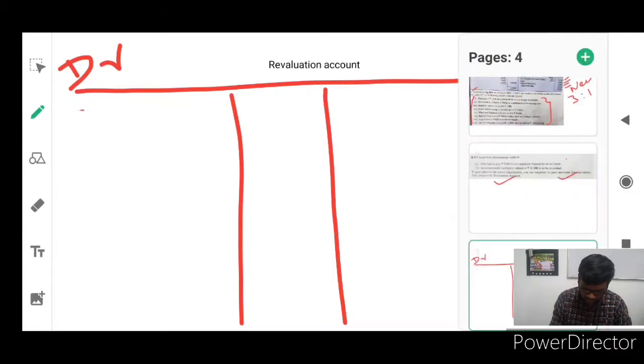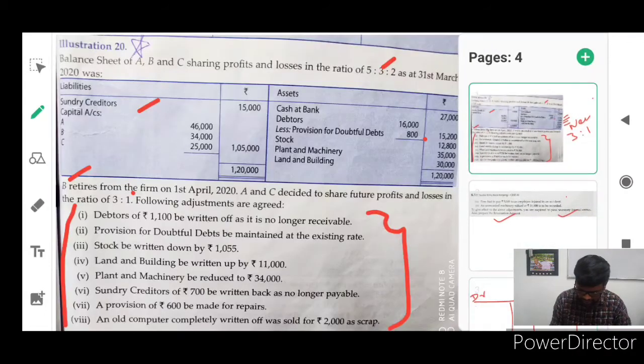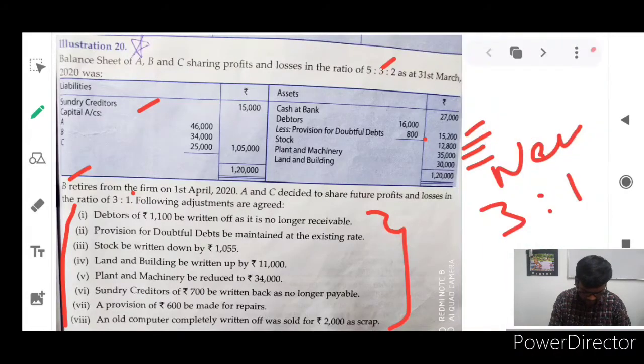Now we are going to compare actual with predetermined. The first one is debtors of rupees 1,100 to be written off. It is no longer receivable, which is called bad debts. 1,100 rupees bad debts. You check it with the problem. Provision for doubtful debts is 800 rupees.